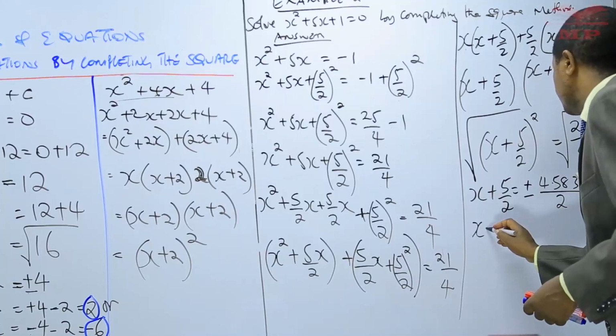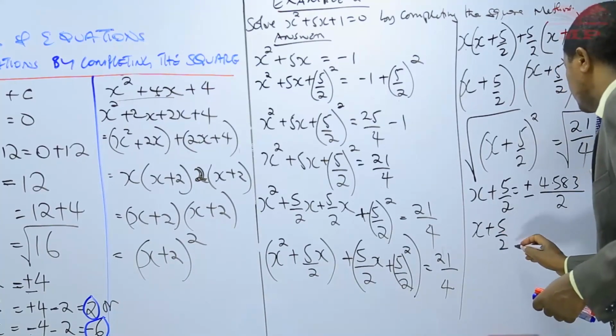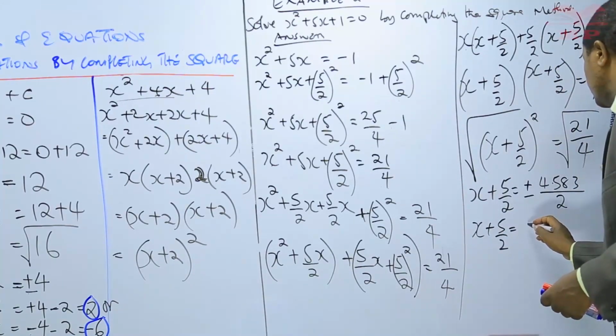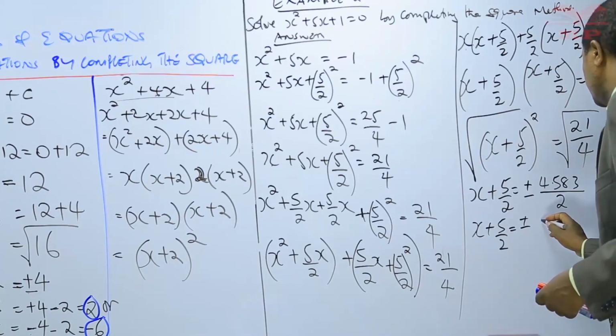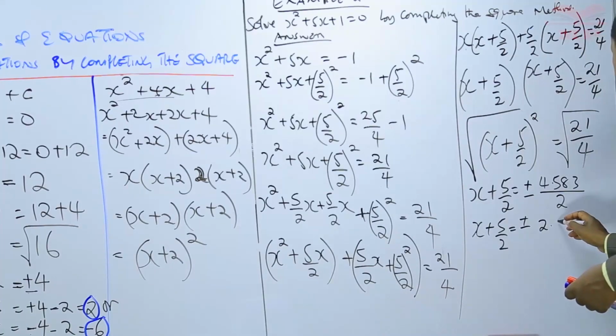So x plus 5 over 2 is equal to plus or minus 2.29.